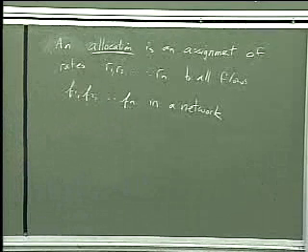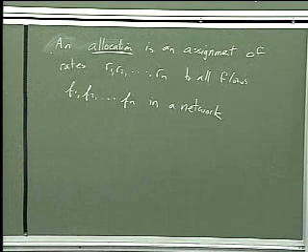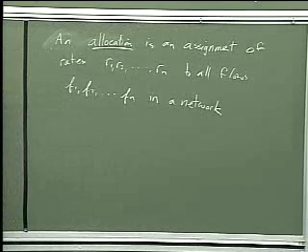All right. So an allocation is an assignment of rates R1 through Rn to a set of flows in a network.